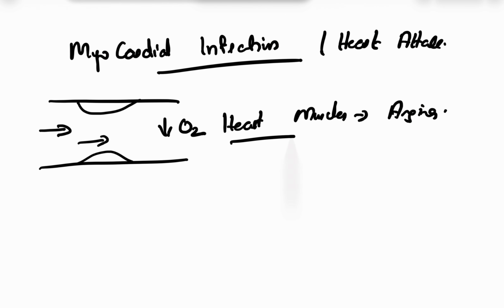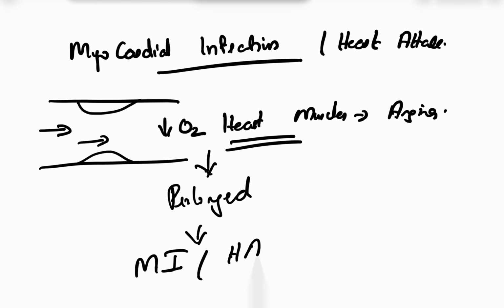Okay, so imagine this condition, and in case this reduction of oxygen supply is prolonged, prolonged meaning for a long time the patient is not getting enough oxygen supply to the heart muscles, then the patient is going to end up with myocardial infarction or heart attack. Myocardial infarction occurs when coronary arteries get blocked and a part of the myocardial muscle dies, because the myocardial muscles die due to the prolonged lack of oxygen supply to the muscle cells.